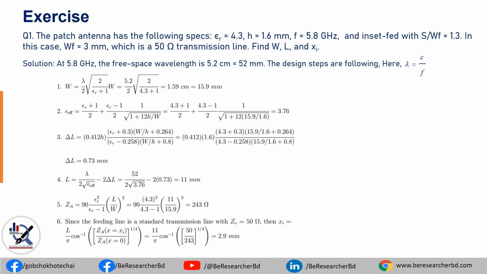To do so, we calculated the wavelength at 5.8 GHz, which is 52 mm. We have selected FR4 as a substrate material and its permittivity is 4.3. Using wavelength and permittivity, the calculated patch width is 15.9 mm. Now the length of the patch is 11 mm, the calculated input impedance is 243 ohm, and the depth of the feeding point is 2.9 mm.